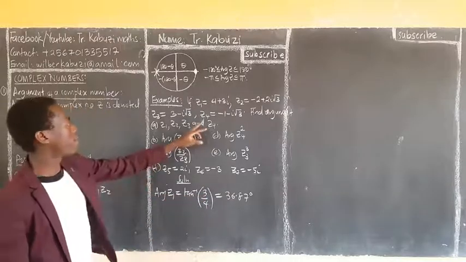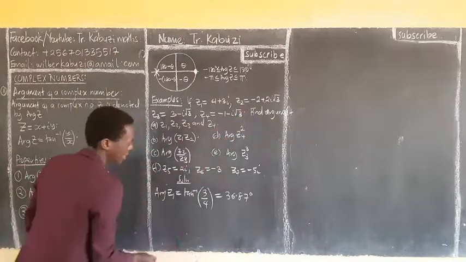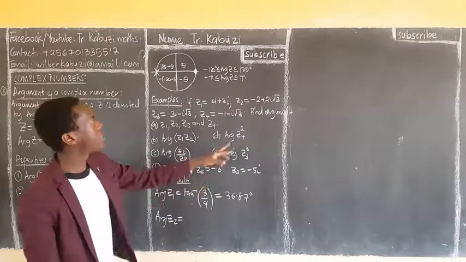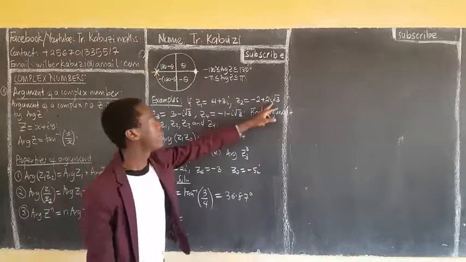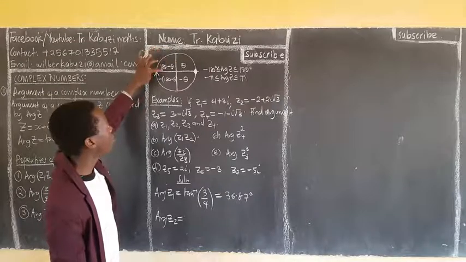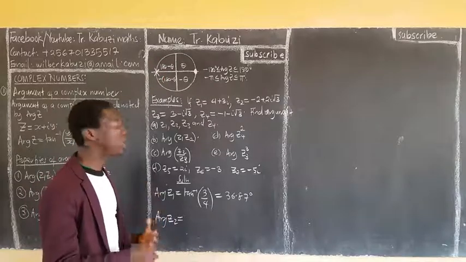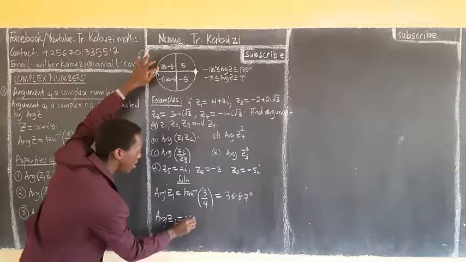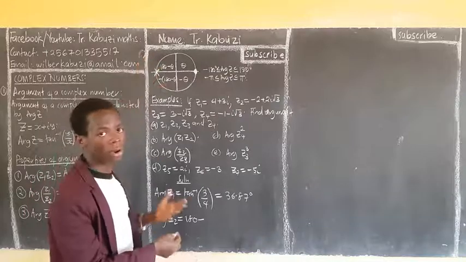When I come now to part 2, where I have z2 equal to negative 2 plus 2 root 3 i, the real part is negative and the imaginary part is positive, so it's going to be in the second quadrant. In the second quadrant, you get 180 minus the true angle. After identifying the quadrant, you ignore the signs. The true angle is always in the first quadrant, meaning all signs are positive.